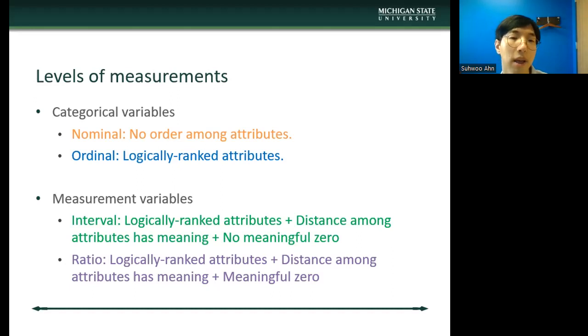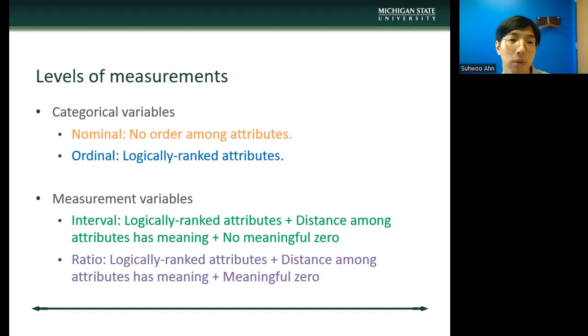That's the characteristic of nominal measure. Another type of measure is ordinal measure. The characteristic of the ordinal measure is that attributes of the variables are logically rank ordered, like strongly agree or strongly disagree. We can say that strongly agree indicates higher levels of agreement than agree. That's the ordinal measure.